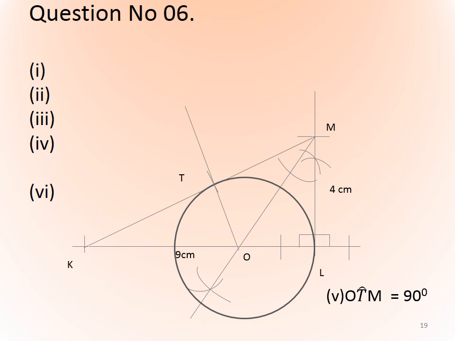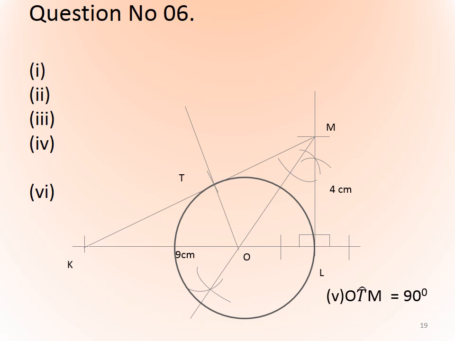Next, draw another tangent to the circle from the point K. Angle OTM equals 90 degrees. As a result of this, KT is a tangent to the circle. Then we know the theory. The tangents drawn to a circle from an external point are equal in length.